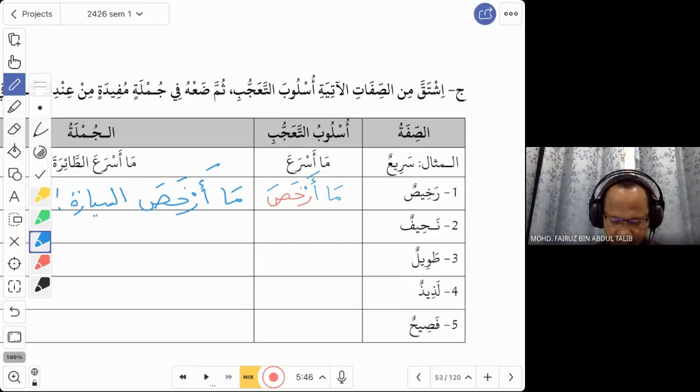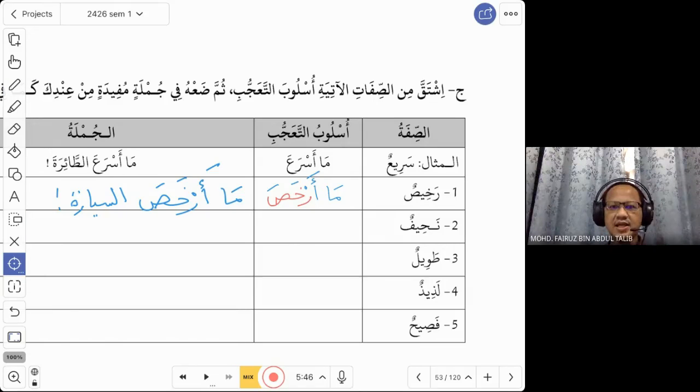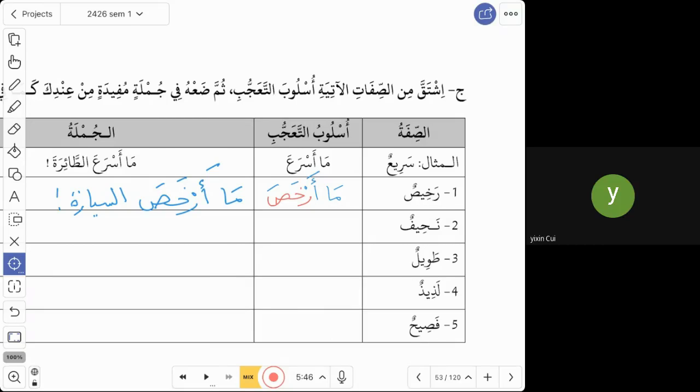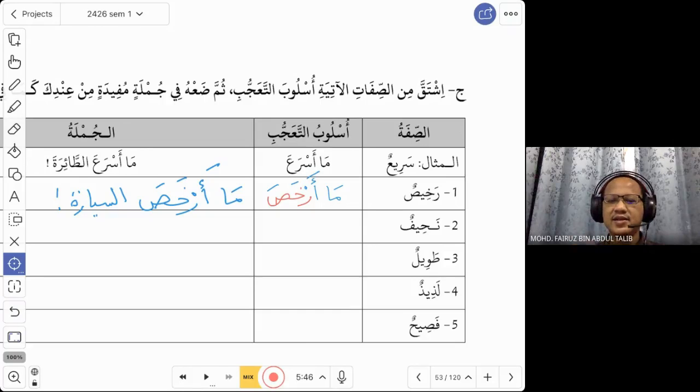الآن الجملة الثانية. الكلمة الثانية كلمة نحيف. What is the meaning of نحيف? Thin. Thin is نحيف.